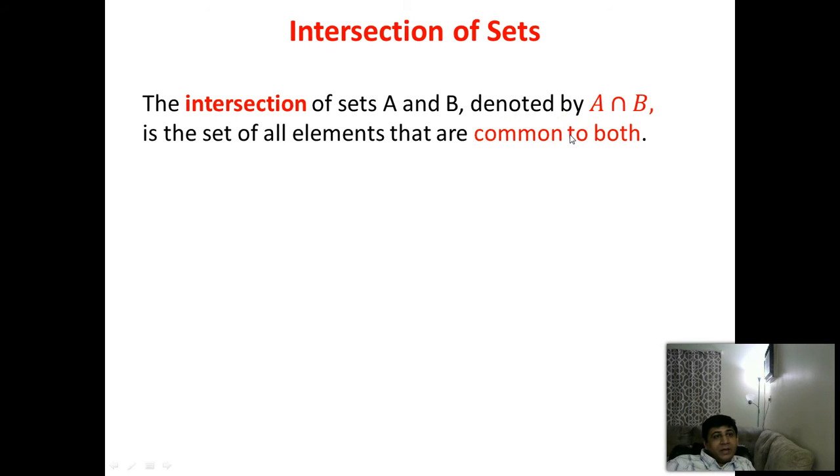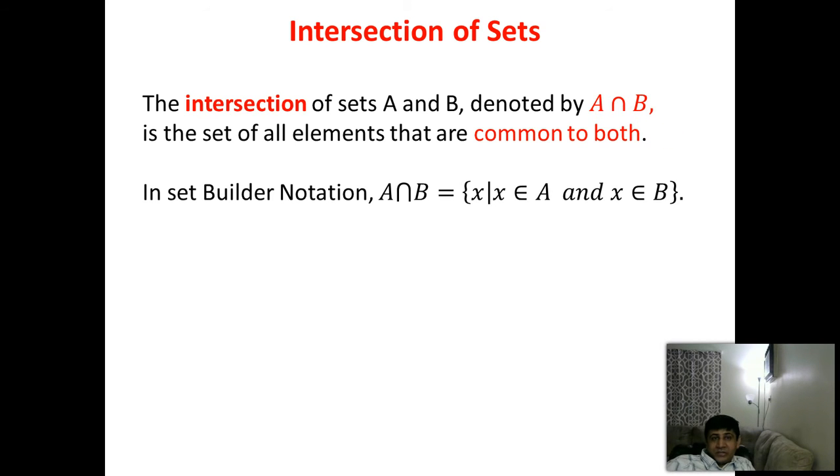The intersection of sets is denoted by this symbol here, which is a reverse U, an upside down U. So this is called the intersection. In set builder notation, we can express A intersection B as equal to all X such that X belongs to A and X belongs to B. Since it's common, X must belong to A as well as to B.